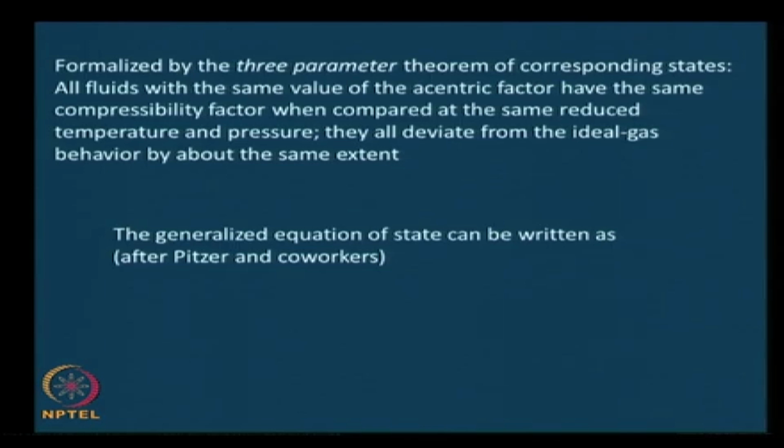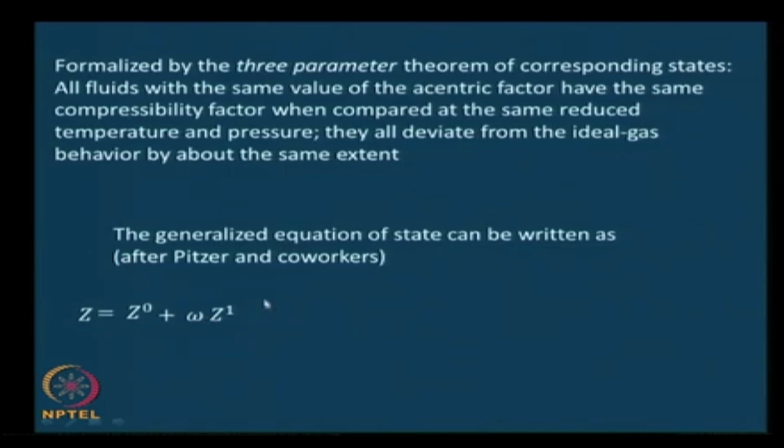The generalized equation of state can be written, in terms of the acentric factor, as compressibility factor Z equals a certain Z naught plus the acentric factor times a certain Z1, or in other words, the compressibility factor has been divided into 2 parts, a Z naught part and a Z1 part multiplied by the acentric factor.